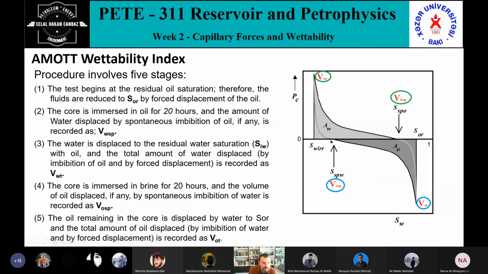Then I start the displacement again, with water this time. When I make my forced displacement with water, I reach a certain level and I record this as VOT.